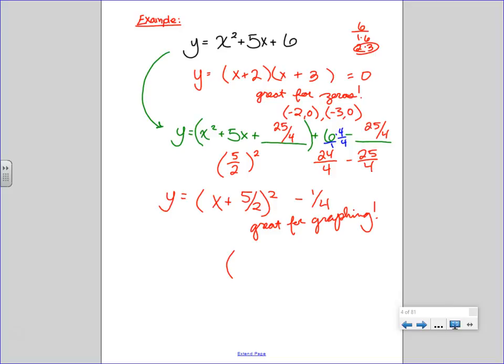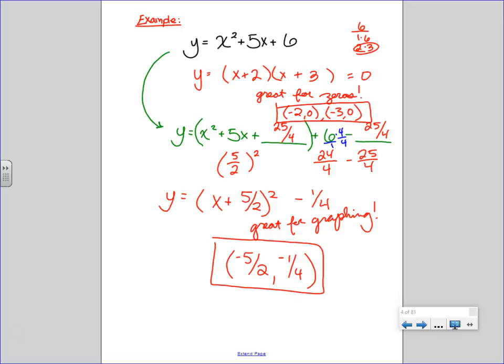What's my h? Negative, right? Good. Plus k. What's my k? So the factoring thing's great. I mean, that's helpful. But I need the vertex as well.